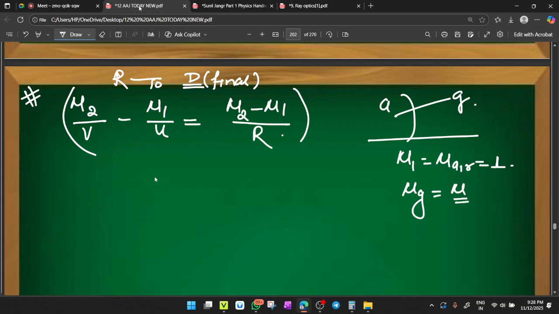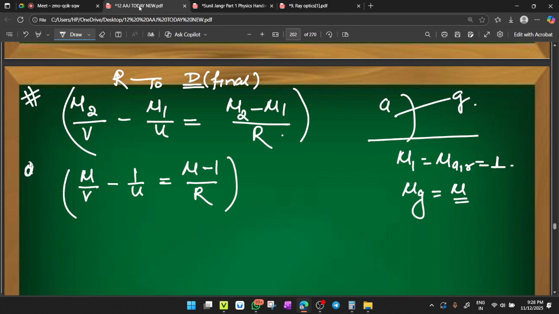So for the particular case of air to glass, you write the formula: mu upon V minus 1 upon U equals to mu minus 1 upon R. For numericals, for air, mu1 equals 1. Clear? So this becomes your first derivation.